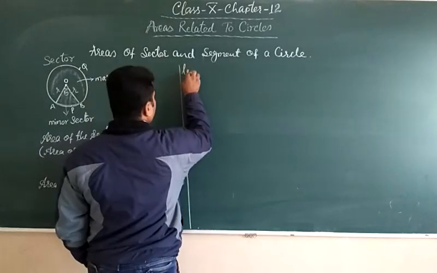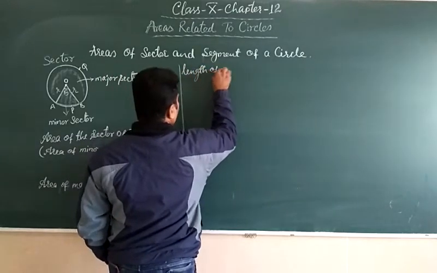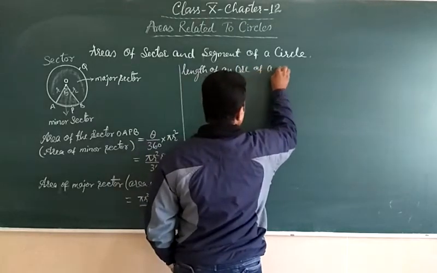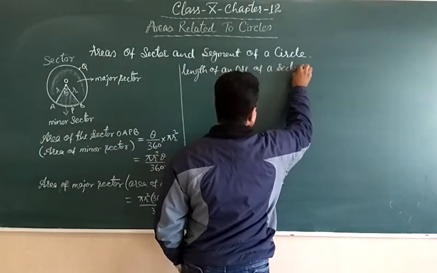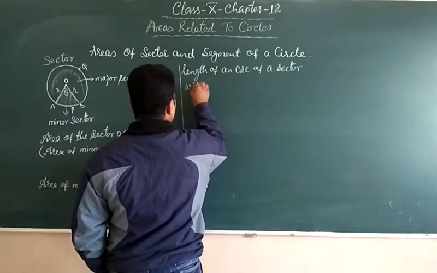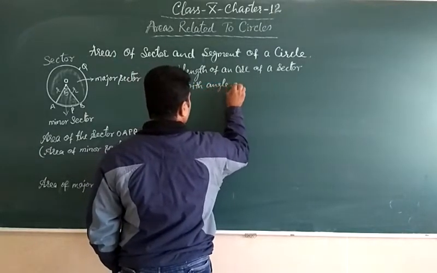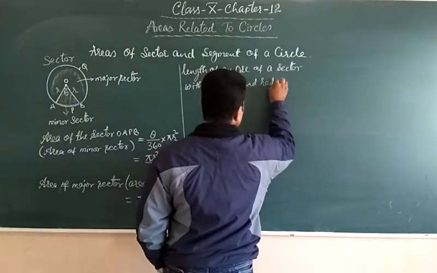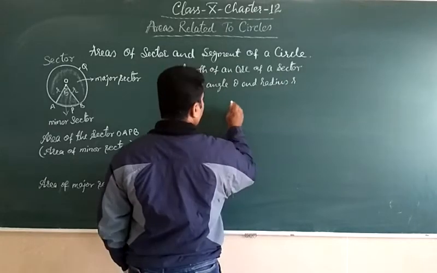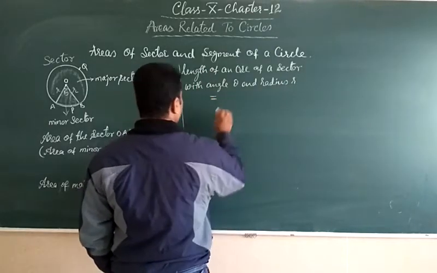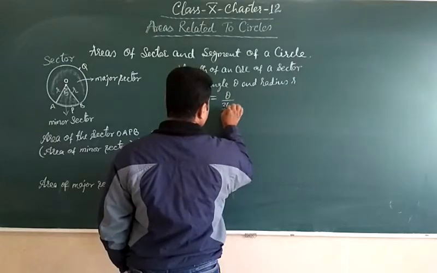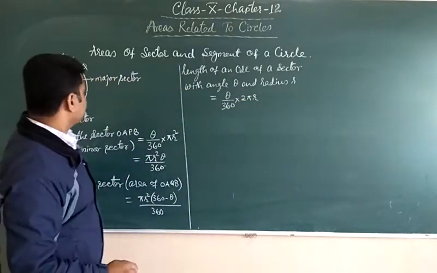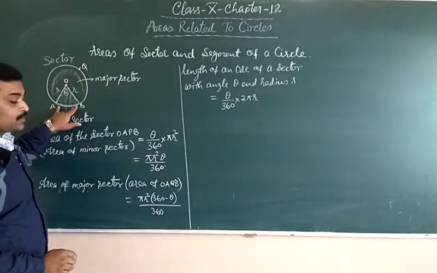We'll write length of an arc of a sector with angle theta and radius r is equal to theta upon 360 into 2 pi r, because we are talking about arc.